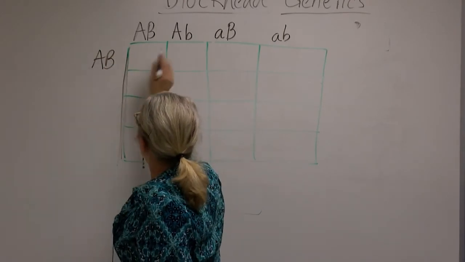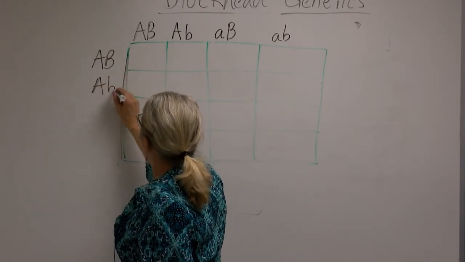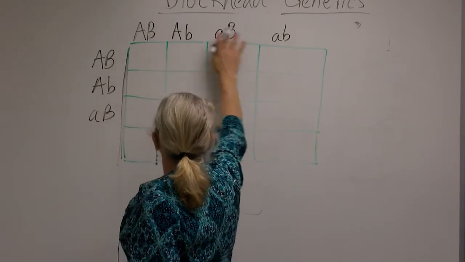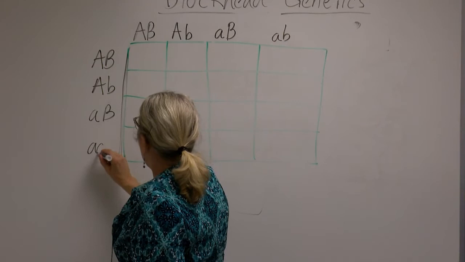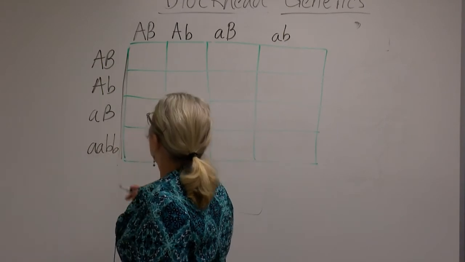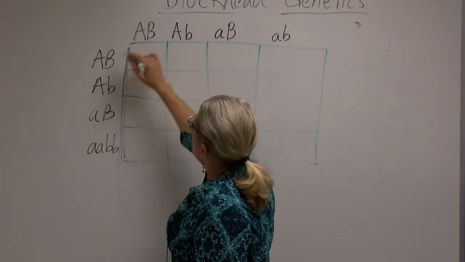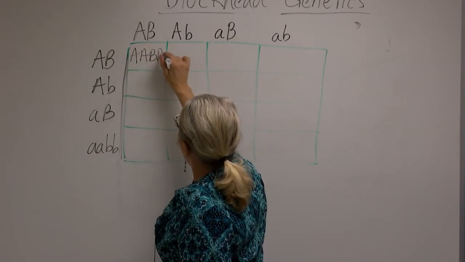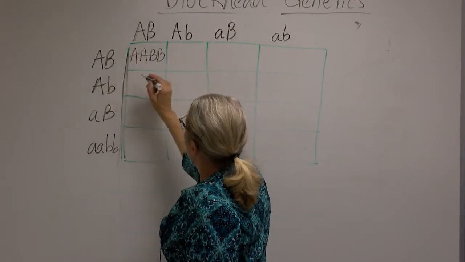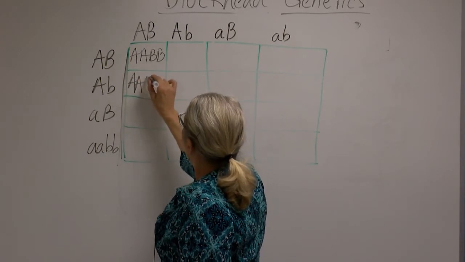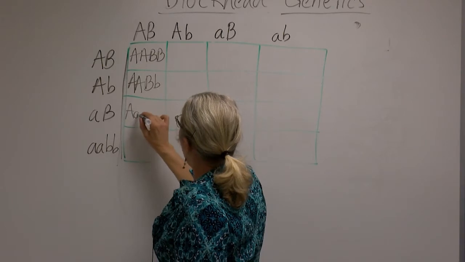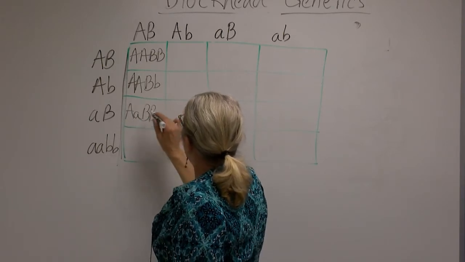Okay? Remember, when the sorting takes place, you have to have one of each type in the egg cell and one of each type in the sperm cell. If these two meet, you get this, and if these two meet, you get this, and so on down the line.